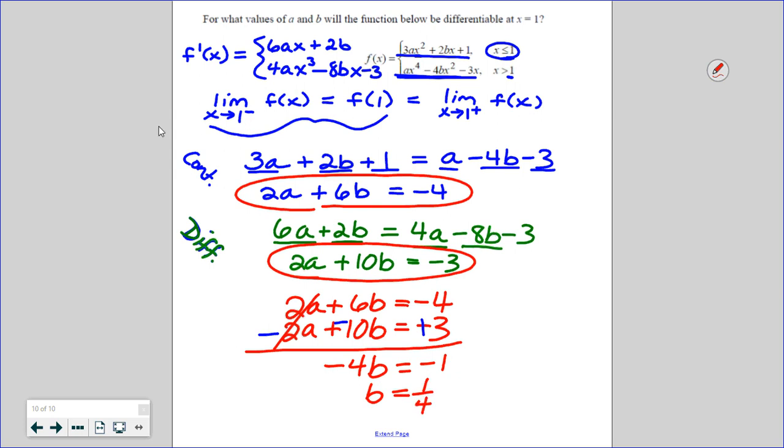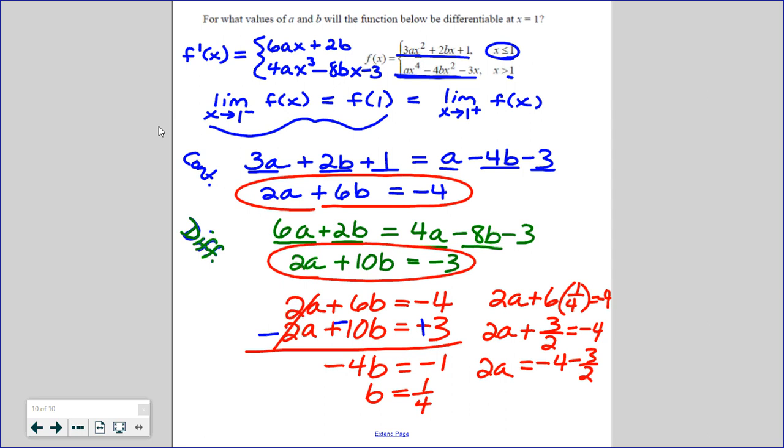Then I can go back to either of the original 2 equations. I'll just go to the top one, and we're going to plug in 1/4 for b and solve for a. We end up with 2 times a plus 6/4, which we can make 3/2, equals -4. We'll subtract the 3/2 from the -4.